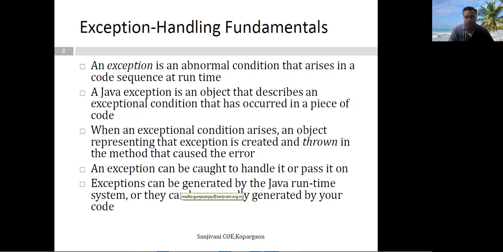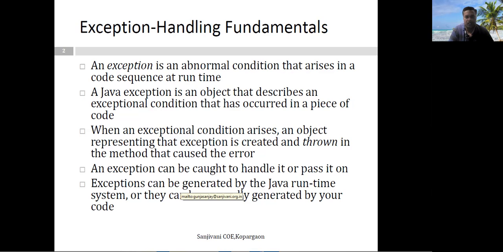That kind of exception or runtime error is handled through the exception handling mechanism. And once the exception occurs, that exception is handled and the remaining part of the program is executed without abnormal termination.